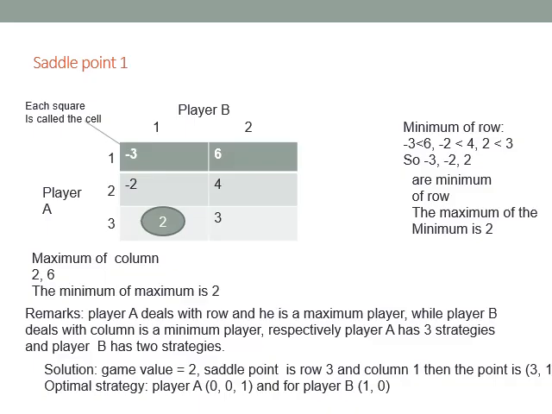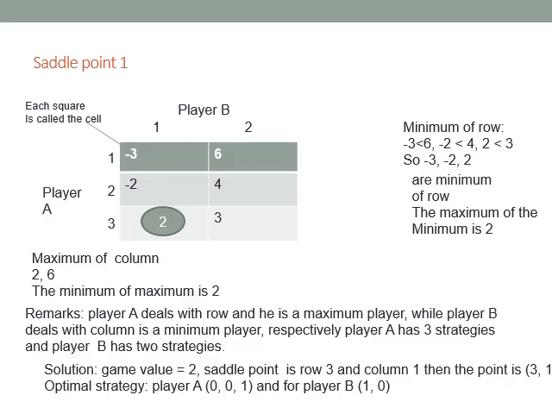Here we are going to apply the minimum of row. Look at each row and select the least number, or the least payoff or outcome.